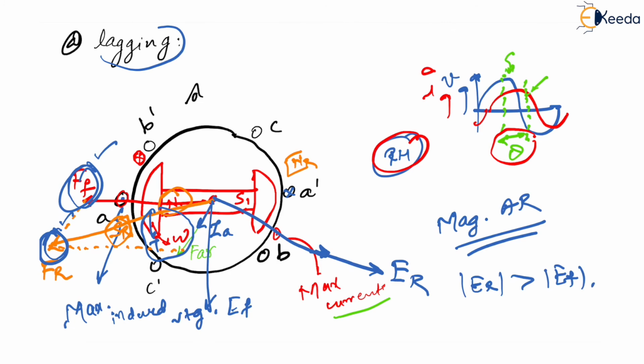Now, if you understand, simple thing, see, what we can show is that this is going to be your FF, then this is going to be your EF because of this FF, then you have this IA which is lagging, then you have this phi AR, which means you have, let us say, MMF FAR. Then if you add them you get one resultant which is going to be FR, correct?